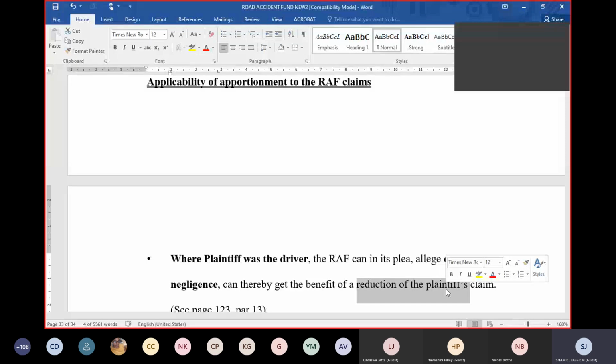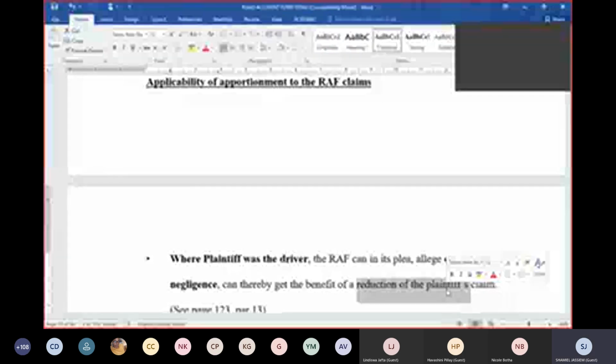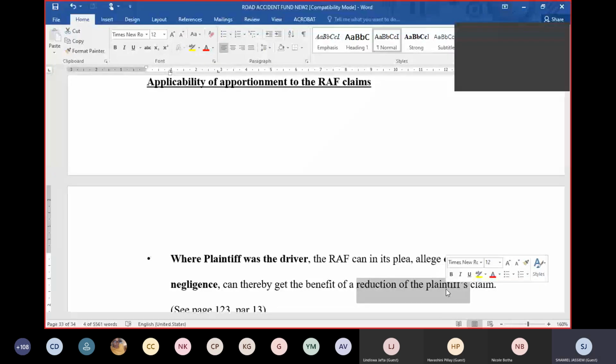Let's break it down and look at the claim in her personal capacity. How would we ensure? Firstly, do you agree that the passenger contributed to the extent of the injuries that the minor child sustained?